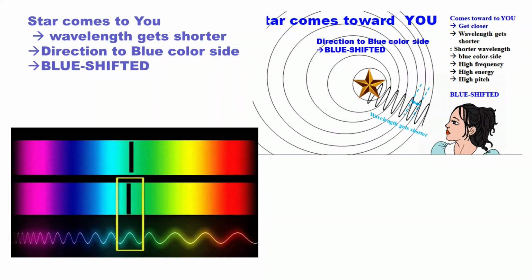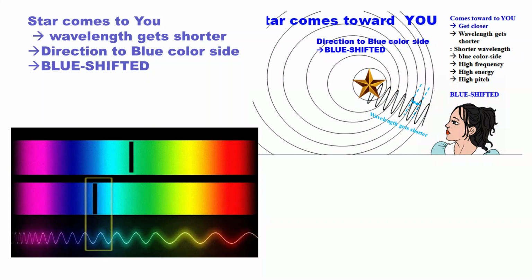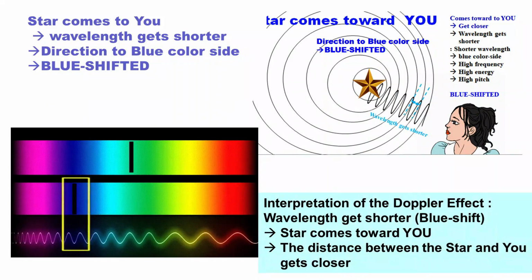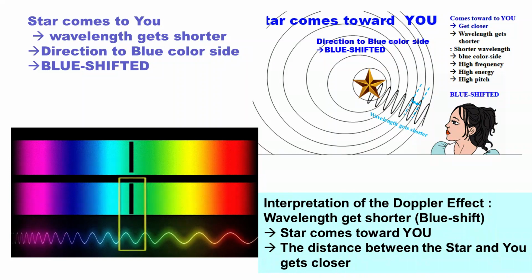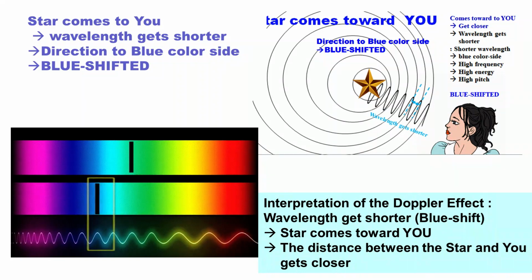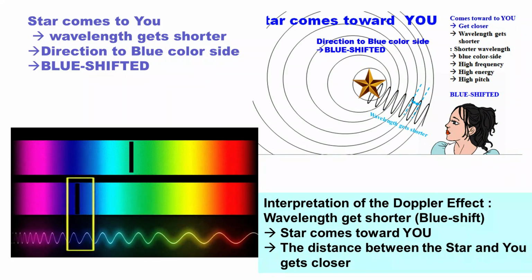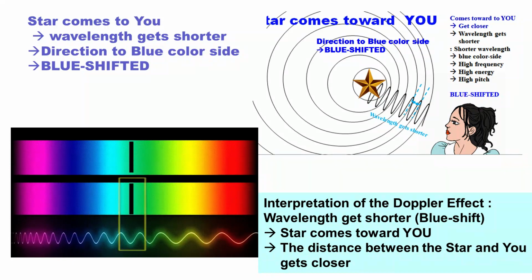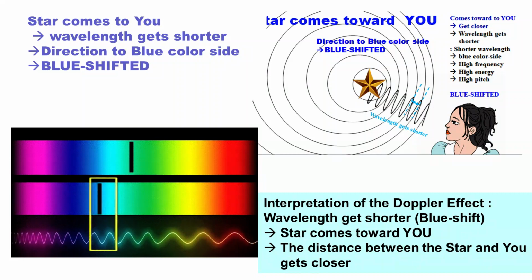We see blue shifted in this spectrum. What about our interpretation of this spectrum? Our interpretation of the Doppler effect here: wavelength gets shorter, blue shifted, the star comes toward you. It means the distance between the star and you gets closer.